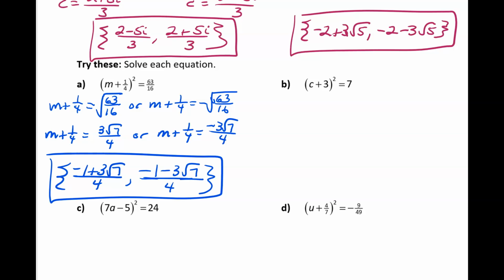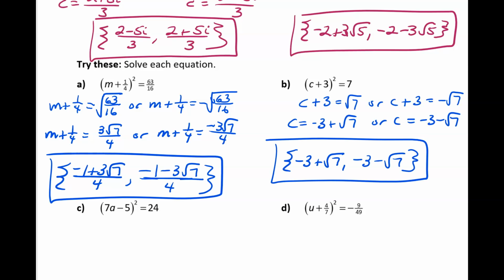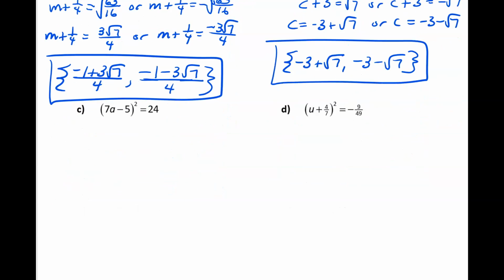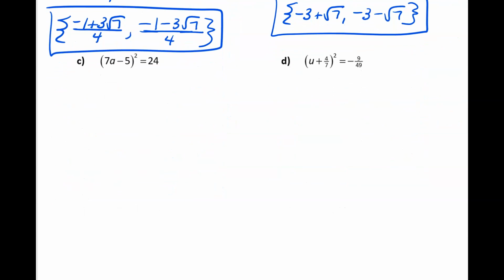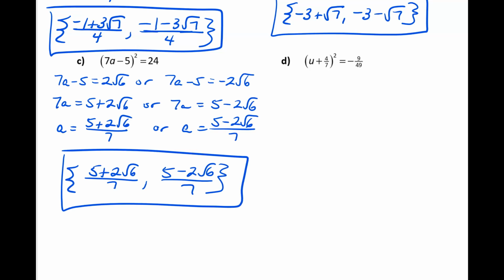All right, let's try B. Try that one on your own. Here's the solution to B, negative 3 plus root 7, negative 3 minus root 7. And now let's try C. We've got two solutions here again, and you might be noticing this pattern of conjugate pairs, right? In the numerator, 5 plus 2 root 6 over 7.